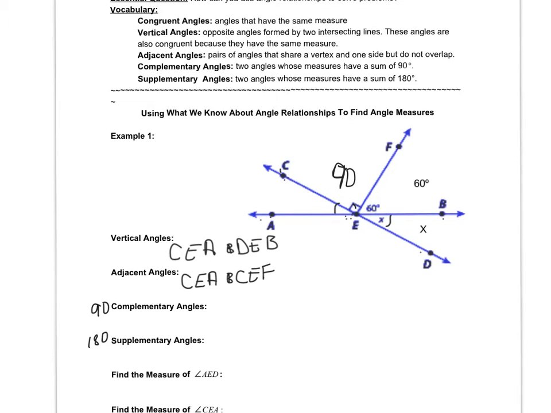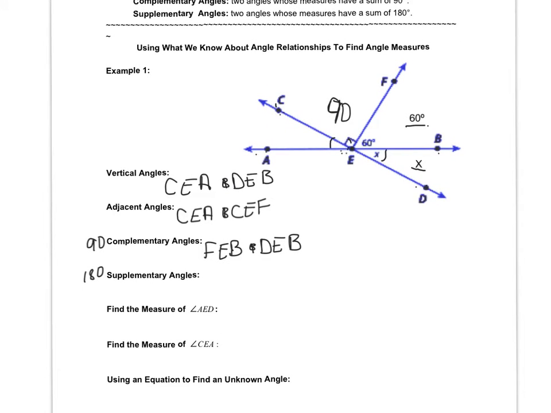So the angle FED must also be 90. So these two angles here, the angle with a measure of 60 degrees and the angle with a measure of X degrees, these two must be complementary. So to list them out, I've got angle FEB and angle DEB. These two angles are complementary.